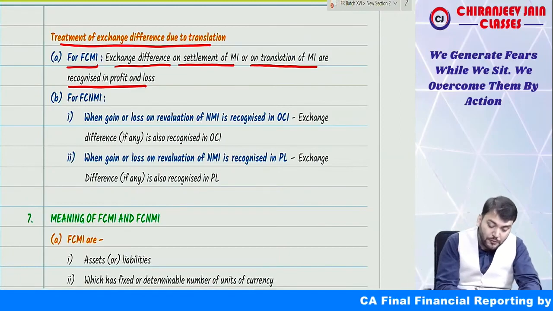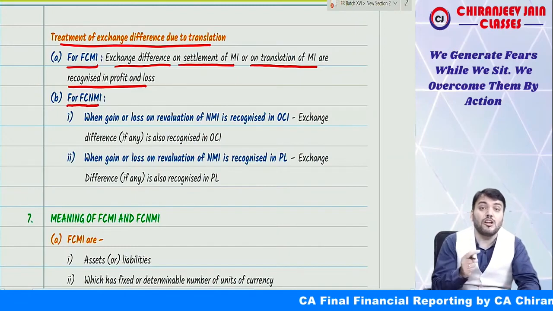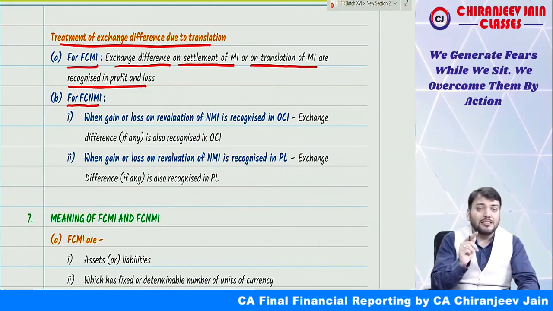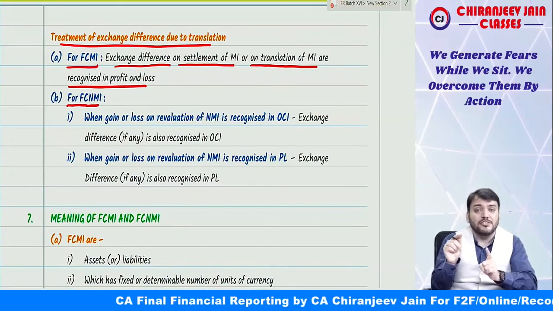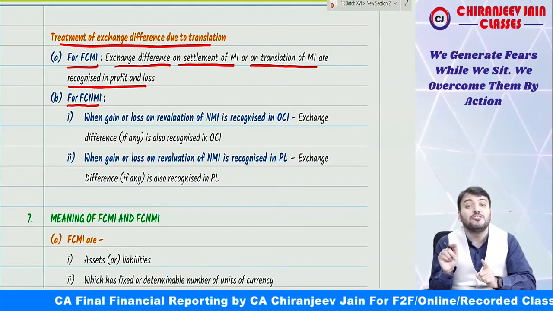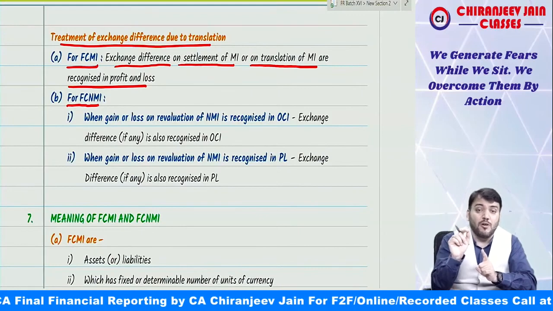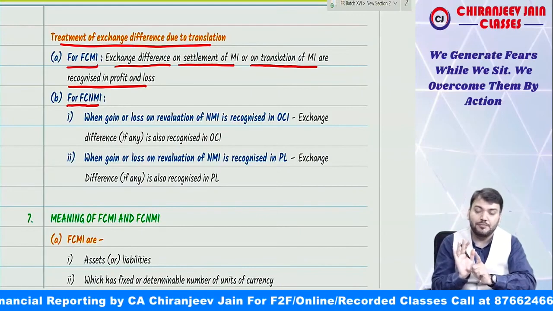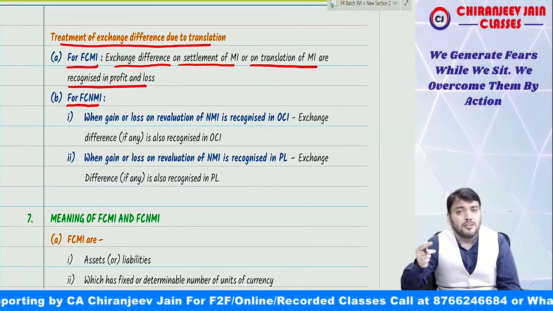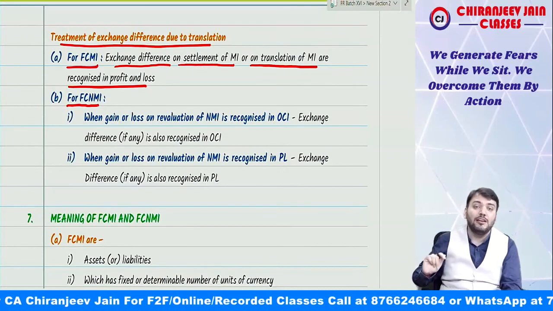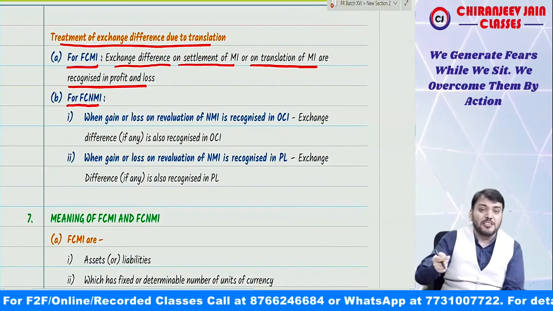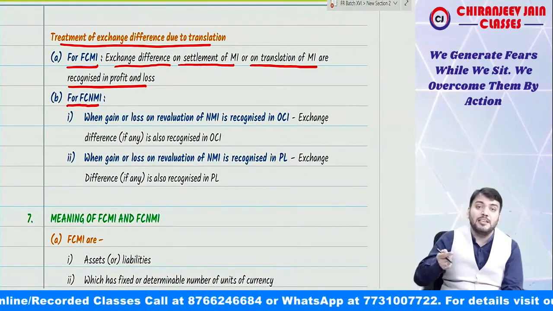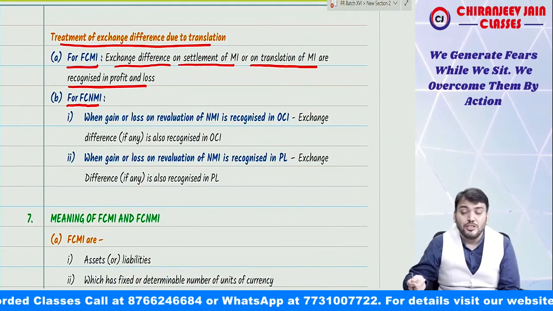Now, foreign currency non-monetary items will be translated by using the exchange rate on the date when fair value is determined, meaning only when they are carried at fair value. So the fair value gain or loss may be transferred to PL or OCI. For example, we have an investment measured at FVTPL, or an investment measured at FVTOCI.